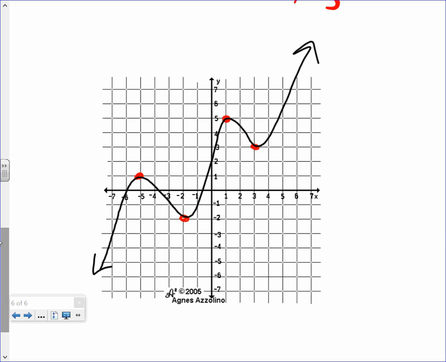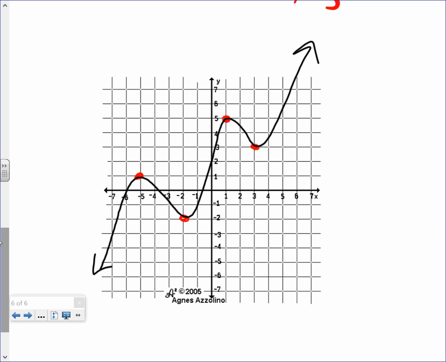Make it curved too, not pointy. It's all curved. All right.